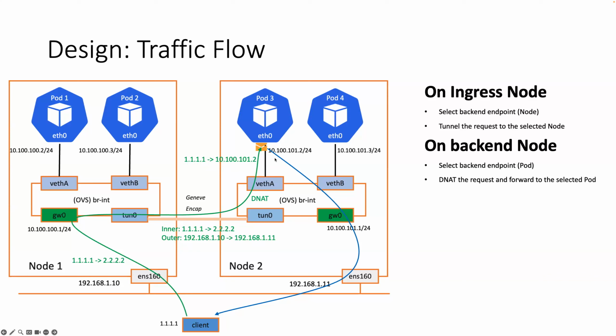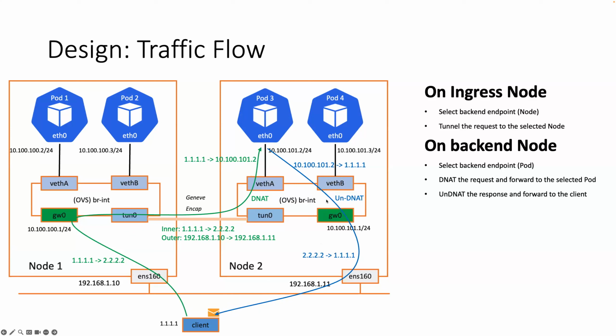And when the response packet reaches Open vSwitch, we will perform DNAT. So the source of the response will be translated, and the packet will be forwarded to the client directly, this way.